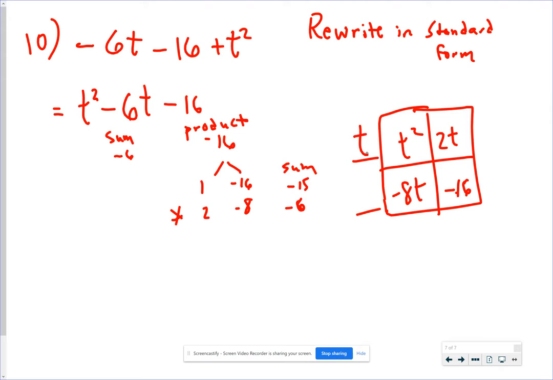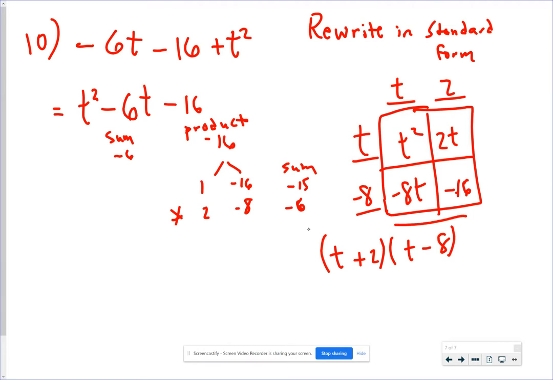GCF of the first row, GCF of the second row. Take the negative with it. GCF of the first column, GCF of the second column. So our factorization is t plus 2 times t minus 8. And we're done.